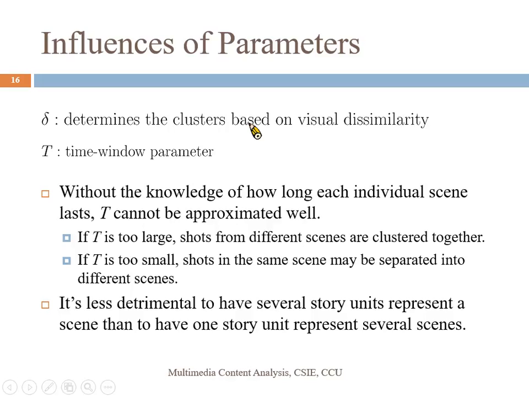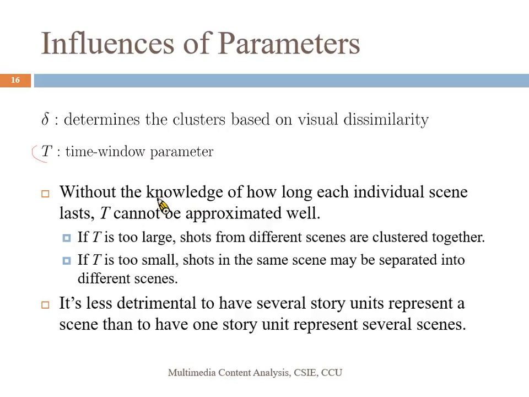If the distance between clusters is larger than delta, we will stop the clustering process. The second parameter is T. This parameter is for the time-based constraint. That means the temporal distance between video shots belonging to a cluster should be less than T.